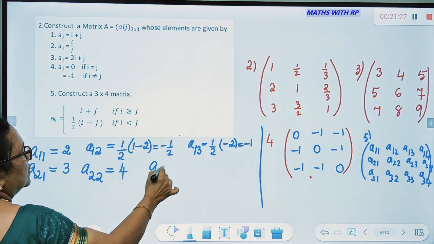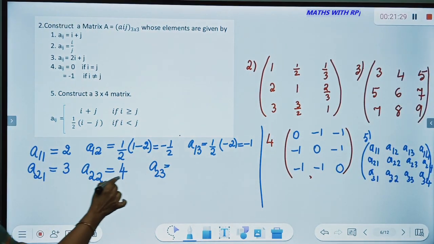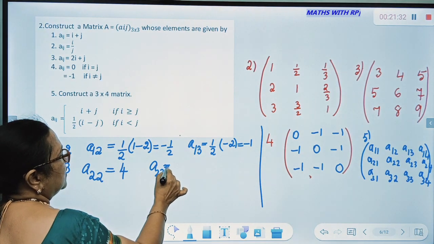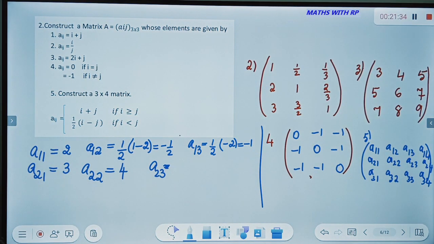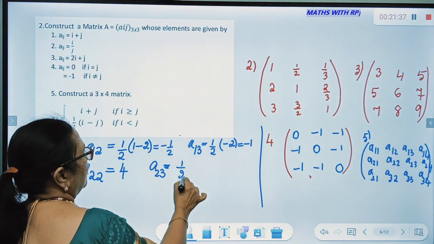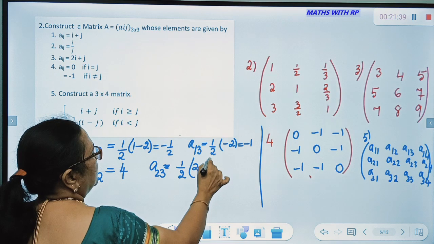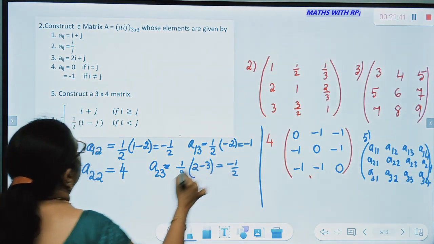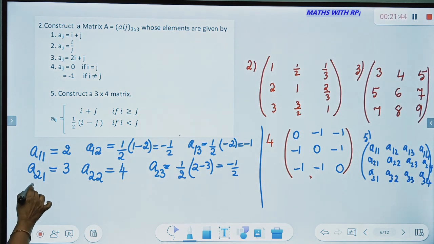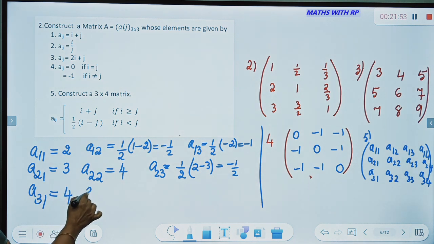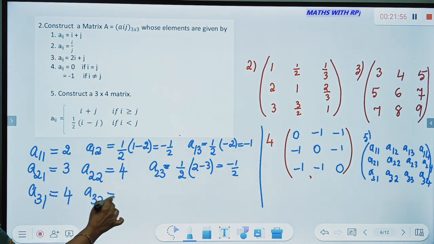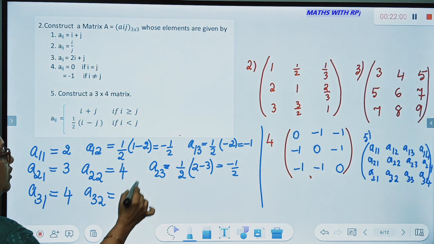A23. So is it i greater than j or less than j? i is less than j. When i is less than j, it is half of 2 minus 3, which is minus 1 by 2. Now A31 will be where i is greater than j. So i plus j, which is 4. A32 will be, I have to find A14, A24 also.